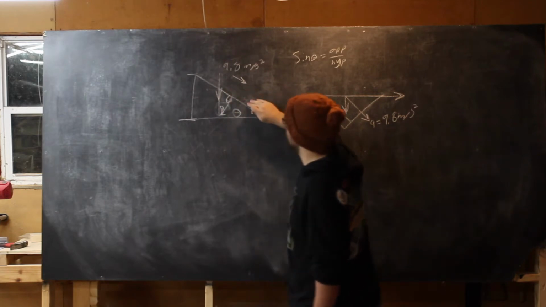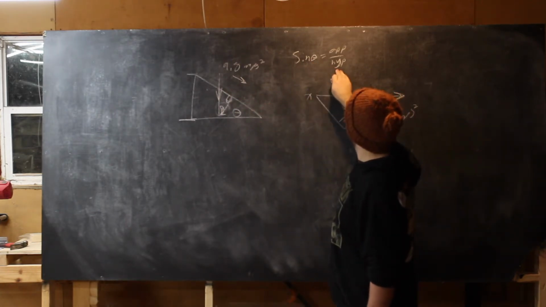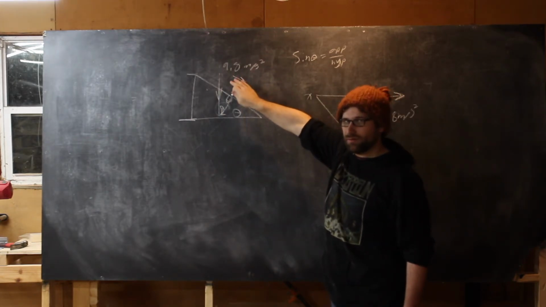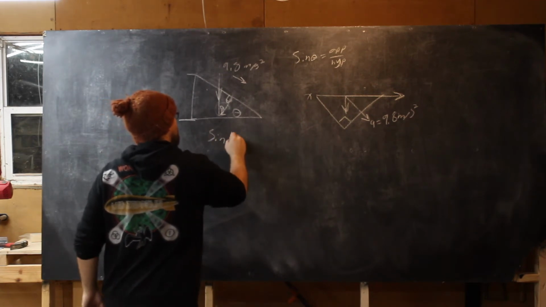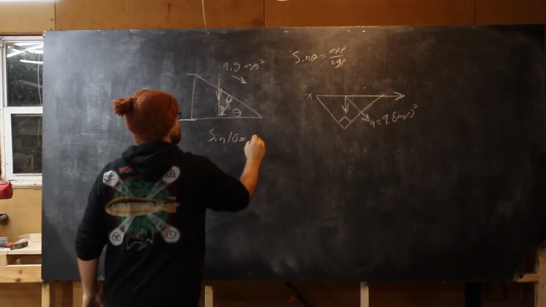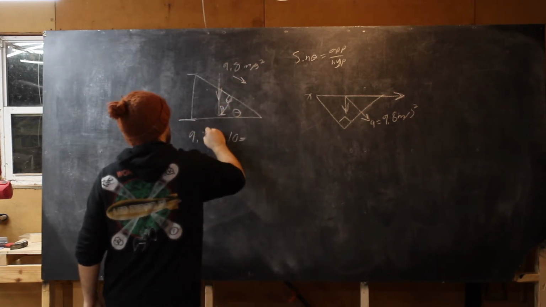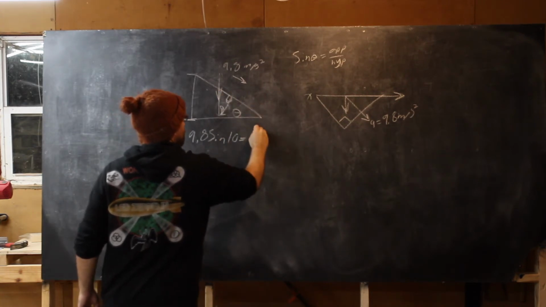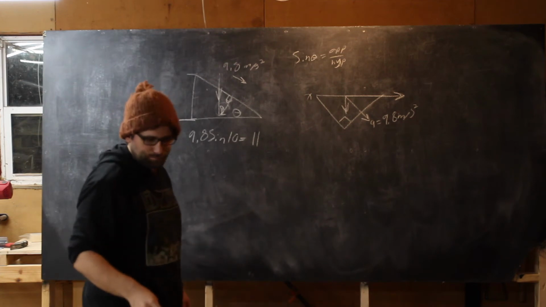So if I want to know the acceleration going down the ramp, I'm going to use sine theta times the hypotenuse of 9.8. Okay? So sine theta is going to be sine 10 times the hypotenuse of 9.8 equals the parallel side.